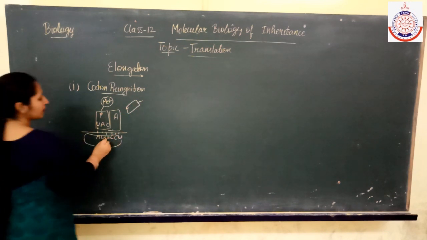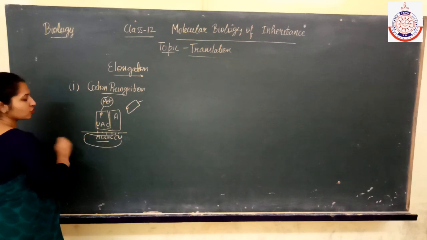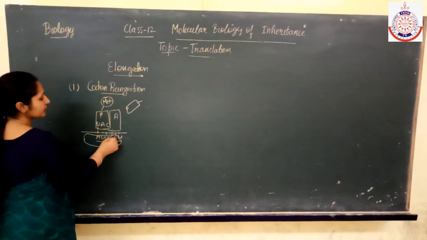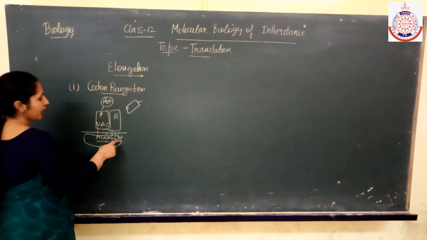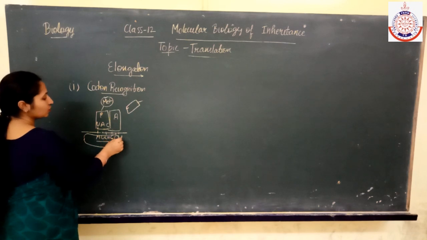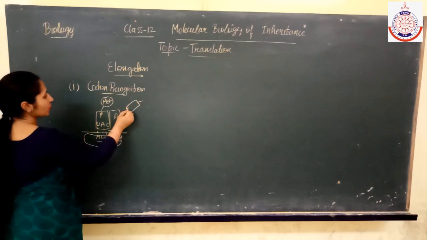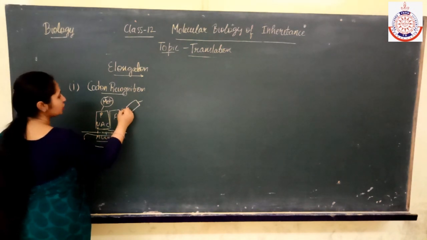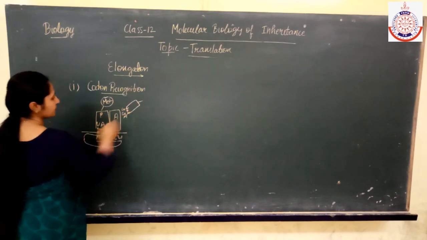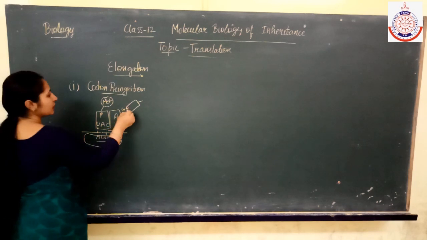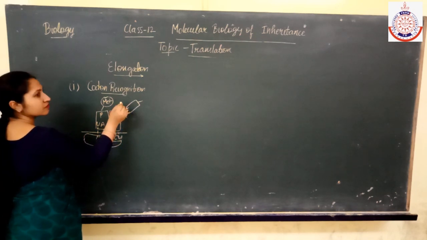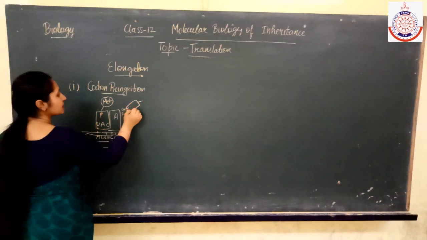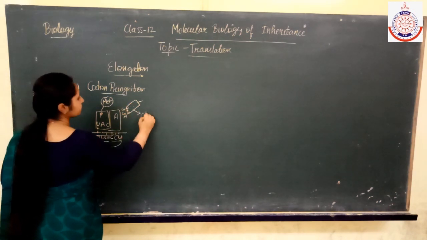In the mRNA, this is the first codon and this is the second codon, that is CCU. So when the codon on the mRNA is CCU, the complementary base sequence should be C base pairs with G, C with G and U with A. So this should be the complementary anticodon on the tRNA molecule, and this is the charged tRNA.